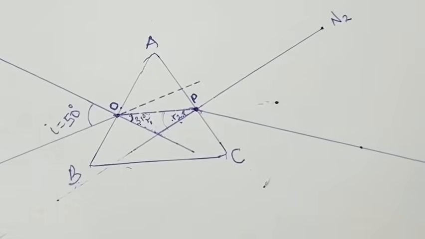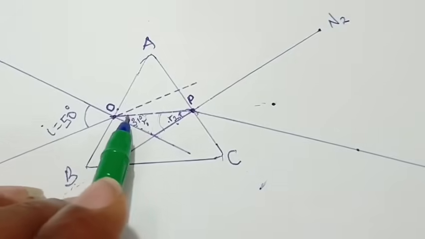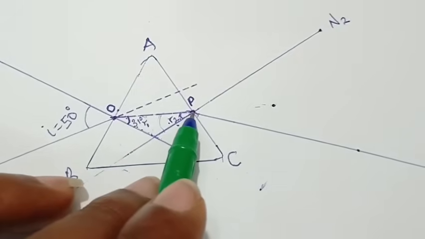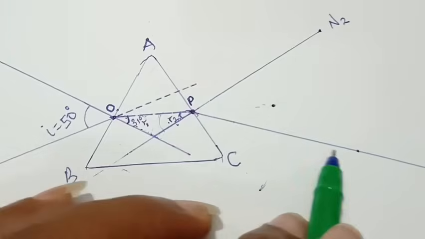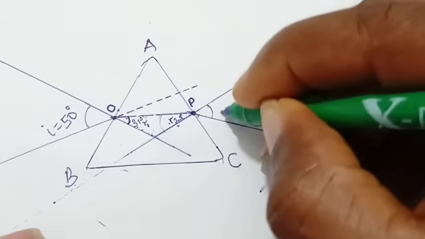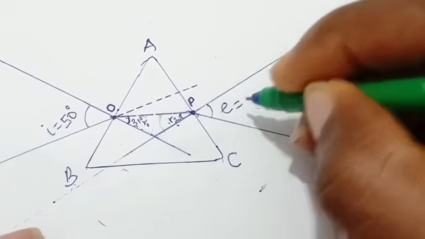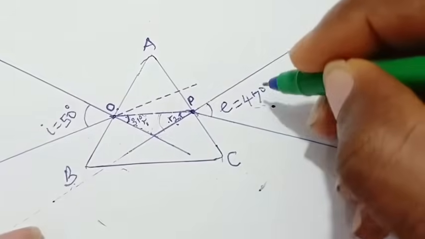So this is the emergent ray, which means if the ray of light from the triangular prism, which is our refracted ray here, hits this face AC, it is going to refract this way along this line. This angle you are seeing is your emergent angle. If you are asked to measure it, fine. You have already done the calculation: 47 degrees.